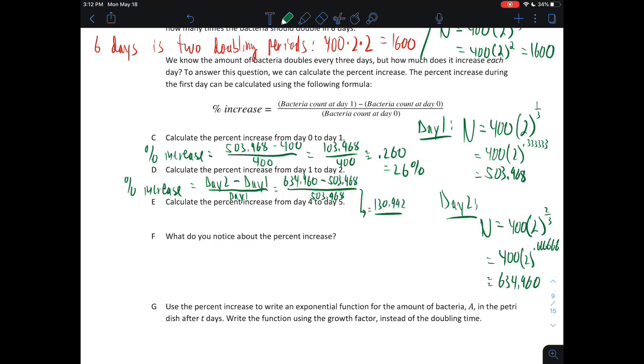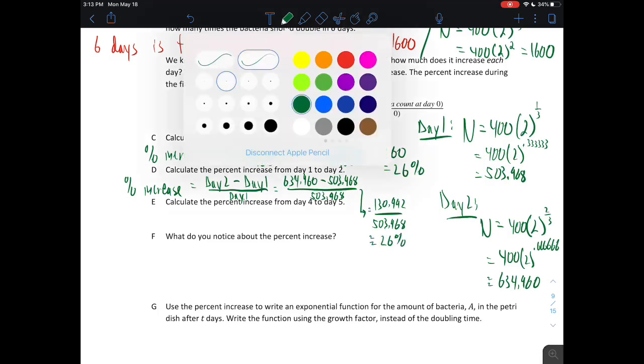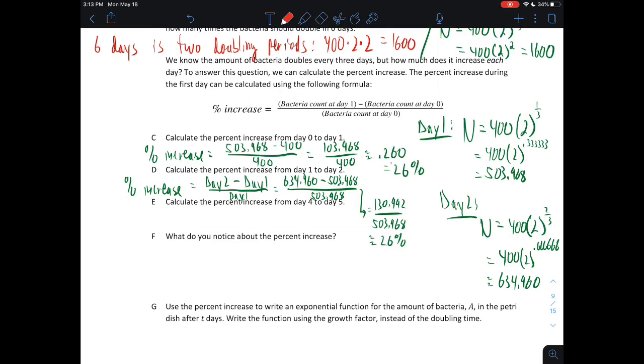And then divide that by 503.968. And notice you get 0.2599, which again rounds to 0.260, which is the same thing as 26%. So notice the percent increase from day 0 to day 1, 26%. The percent increase from day 1 to day 2, also 26%.